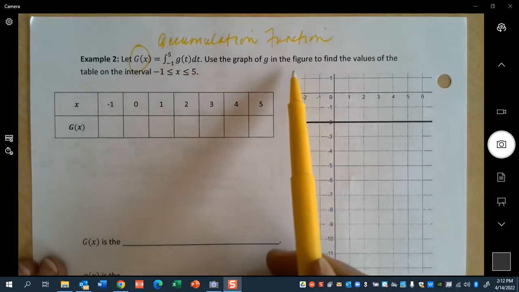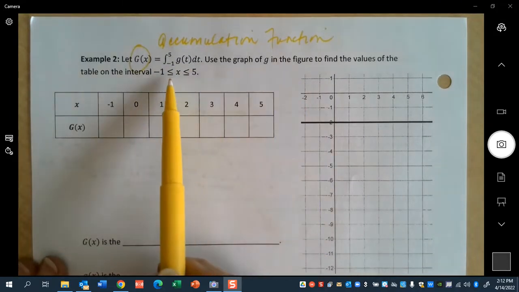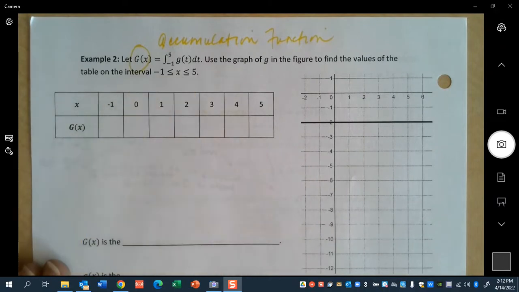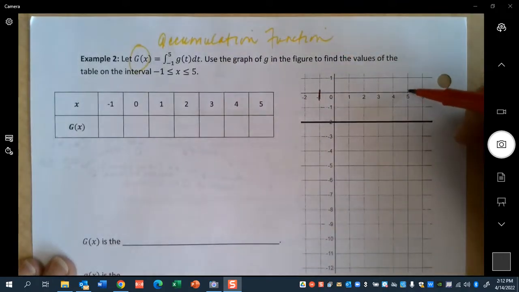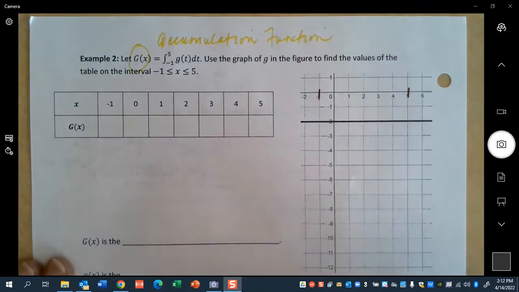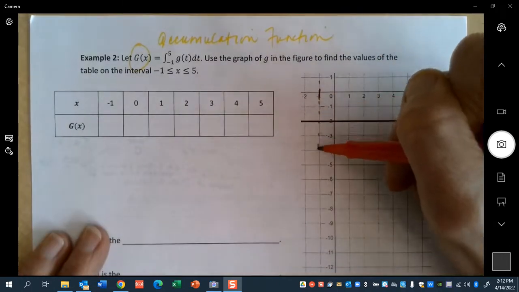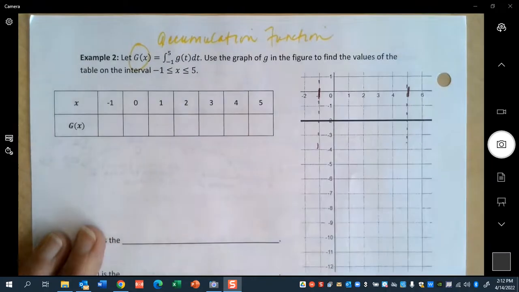So we want to use the graph and the figure to find the values of the table from -1 all the way up to +5. So our interval is from -1 all the way up to +5. So this one, so easy it's hard. Don't stretch your brain.